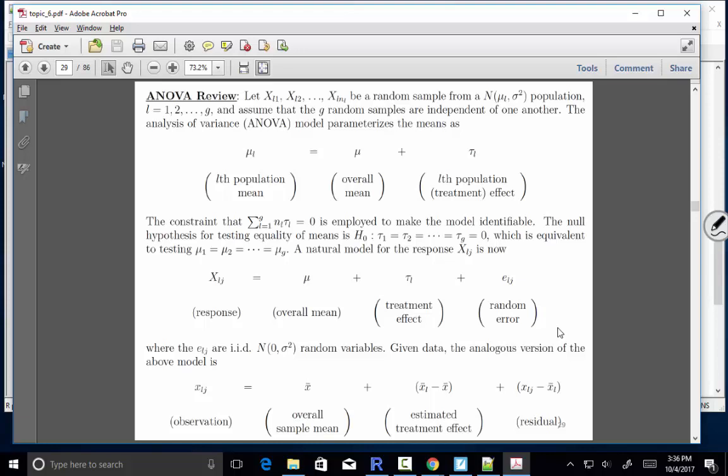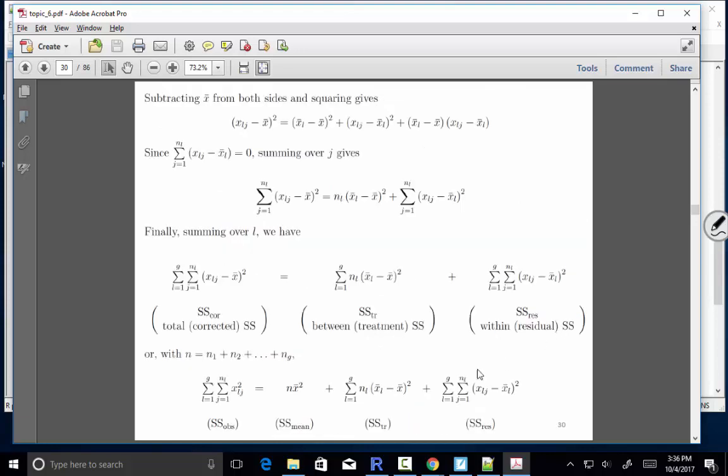So what the next slide does is eventually give us an expression about how variation in our data can be broken into pieces that speak to between group variation and within group variation. So let me just jump to this expression here.